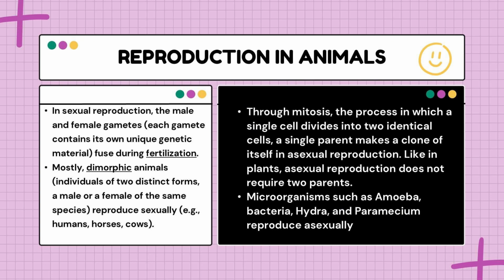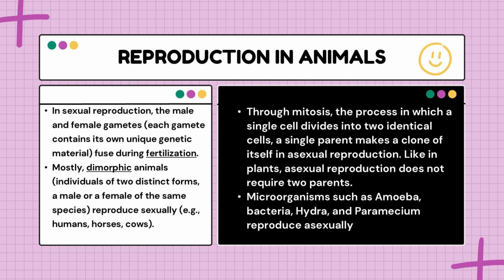Okay? Through the mitosis, the process in which a single cell divides into two identical cells, a single parent makes a clone of itself in asexual reproduction. Like in plants, asexual reproduction does not require two parents.